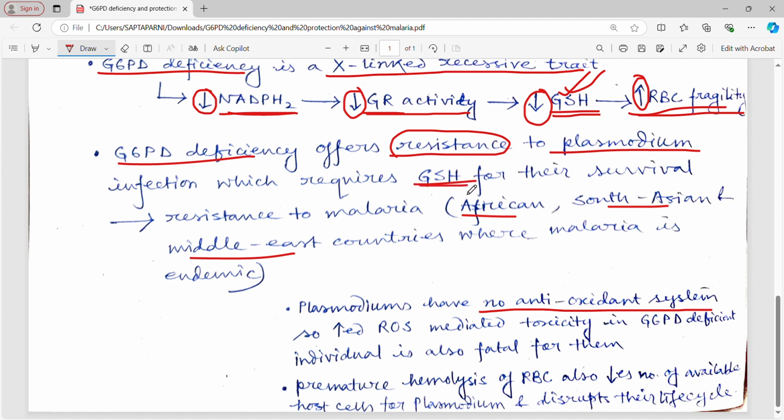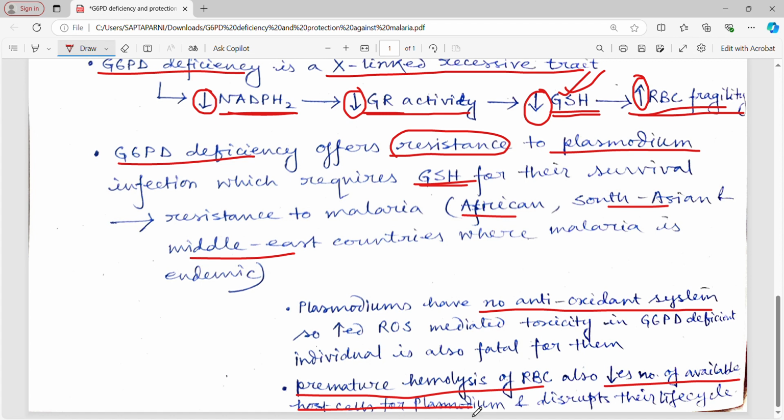Okay, and another thing is that in G6PD deficient individuals, premature hemolysis of RBC occurs, which decreases the number of available host cells for the plasmodium. Okay, so as a result, plasmodium has very few host cells to infect, and if it does infect, it cannot survive in those RBCs due to the presence of a high amount of H2O2 in absence of G6PD.